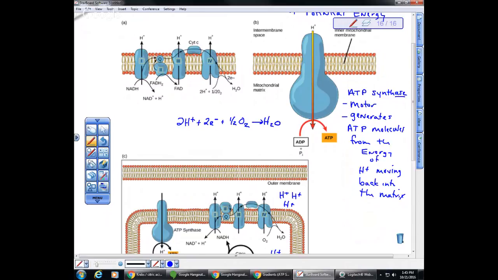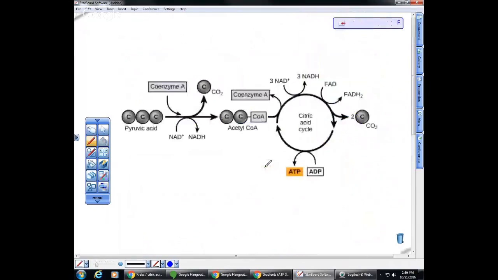So the cool thing about this is that the end products of metabolizing or oxidizing glucose are water and carbon dioxide. The water comes from the electrons in the electron transport chain, and the carbon dioxide comes from the citric acid cycle. Okay, so remember that this is an example of aerobic respiration. It only occurs in the mitochondria, not in the cytoplasm.